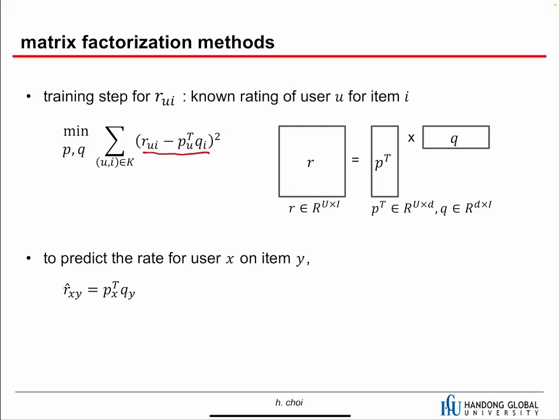Okay. So the training step for R sub UI, the rating of user U for item I, we want to minimize this. Okay, so R is known and P and Q are unknown, so we have to estimate the P and Q matrices.